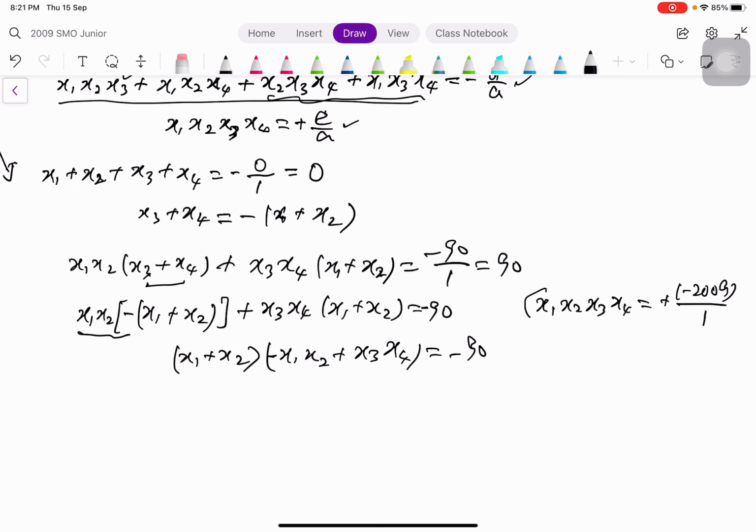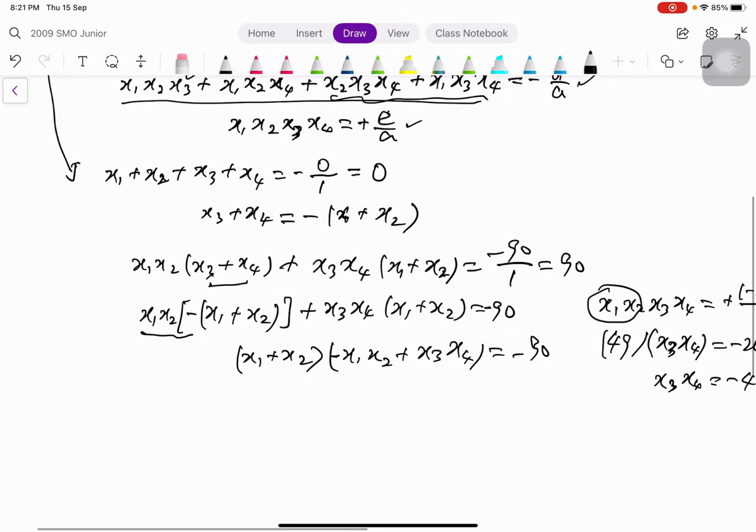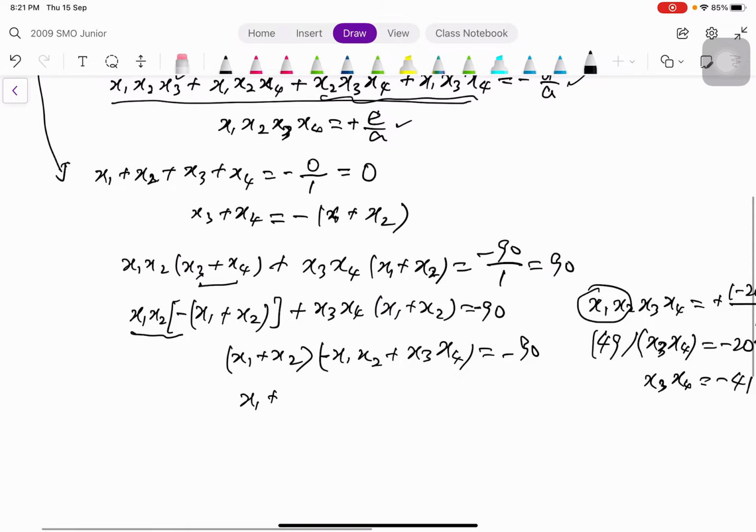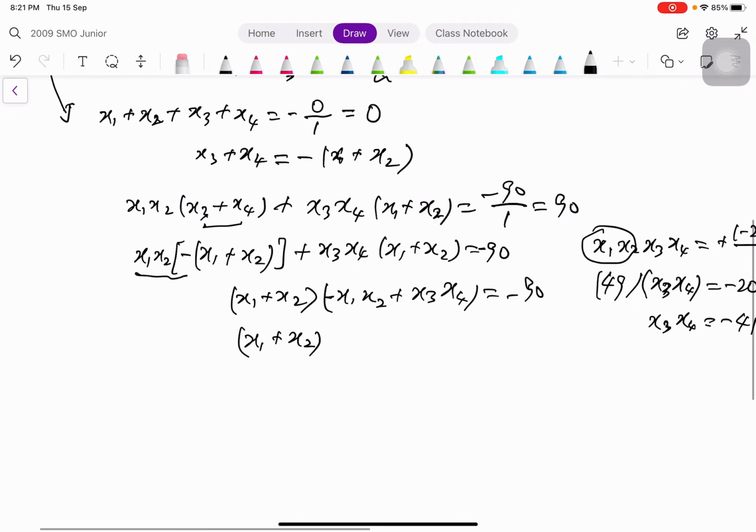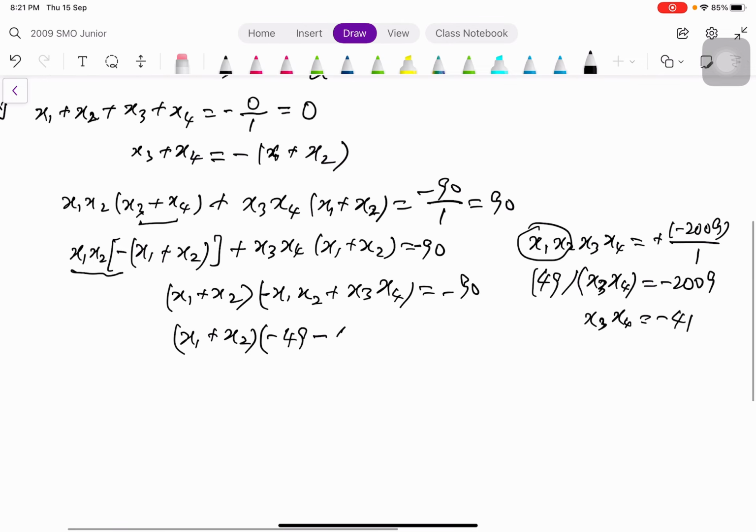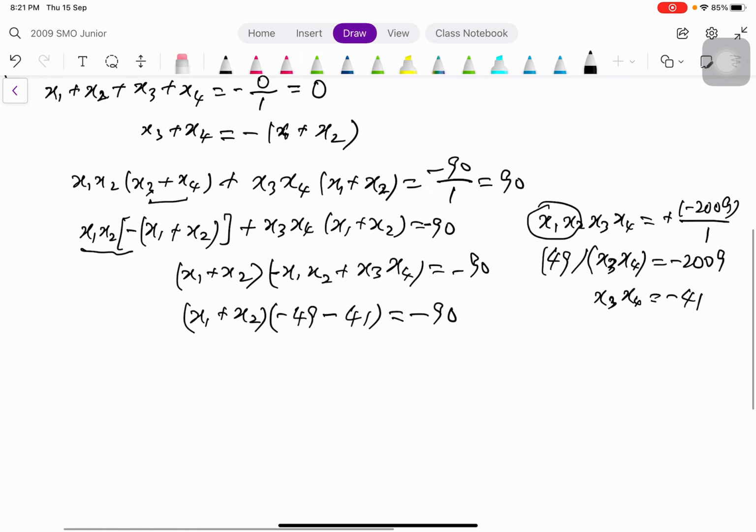And we know that x1 times x2 is 49, and this is x3 times x4, and that will be minus 2009. Therefore, x3 times x4 is minus 41. Substituting in, this is minus 49, and this is minus 41, and this is minus 90.